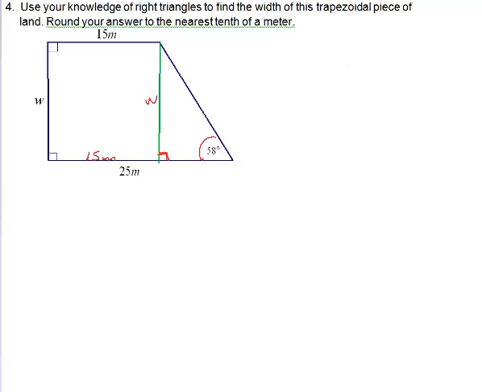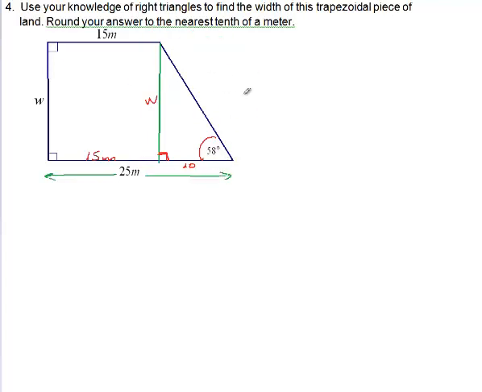Now, that 25 meters that's given refers to the whole space right here all the way over to here. But if I know this much is 15 meters now, that means the other side over here is 10 meters, isn't it?